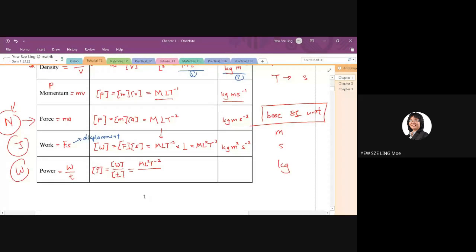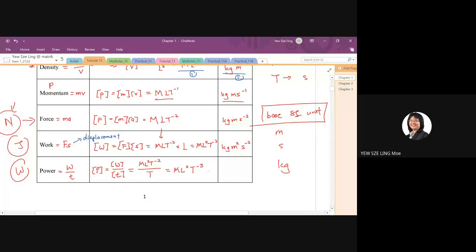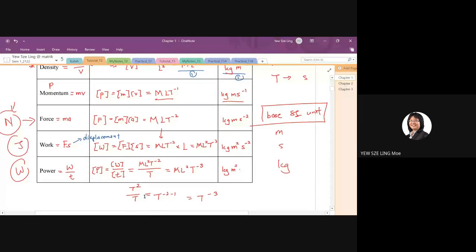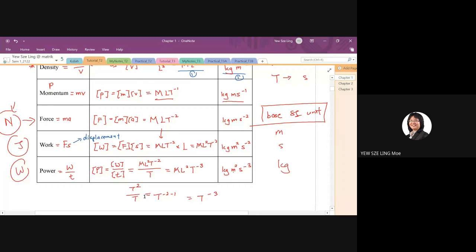So divide by time, which is another T. Therefore, we have ML^2T^-3. Because T^-2 divided by T means it's T^(-2-1), so it is T^-3, right? So the final unit is kg m^2 s^-3.